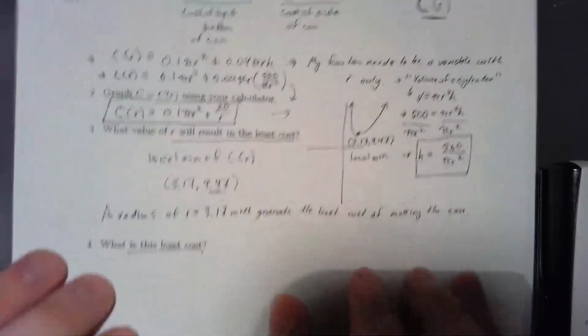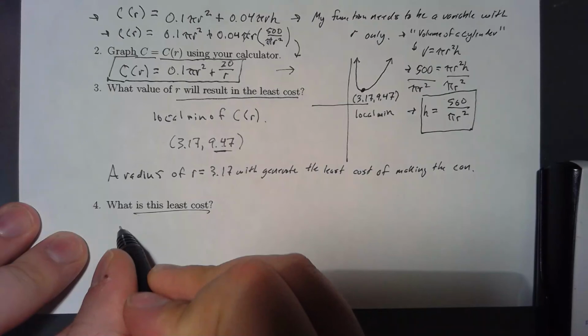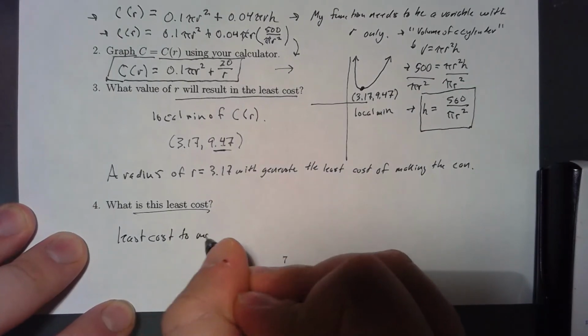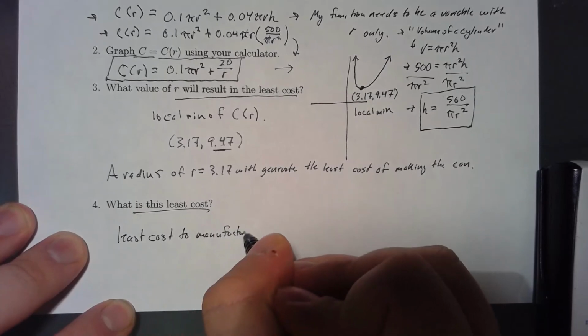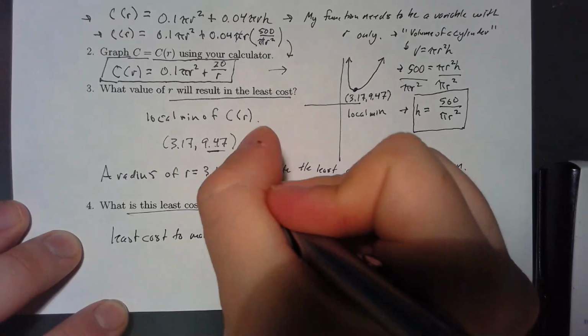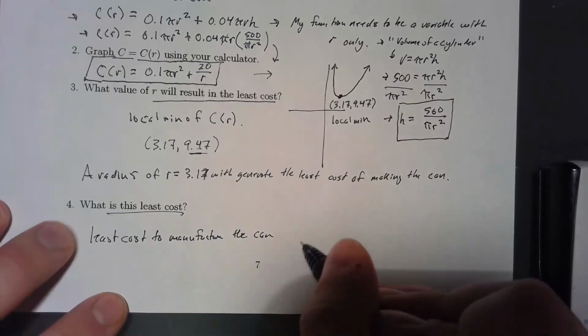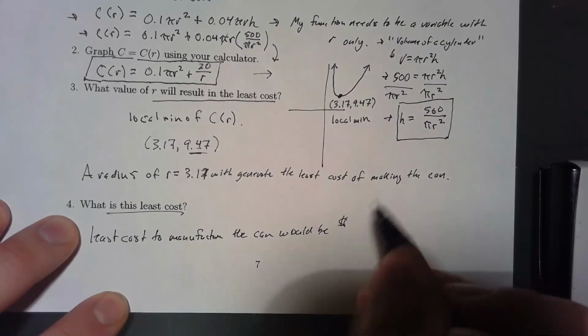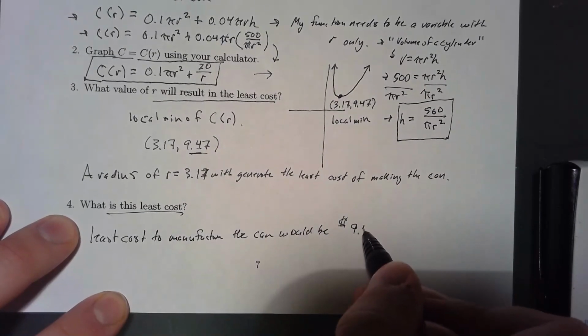So the least cost to manufacture the can with a radius of 3.17 would be roughly $9.47.